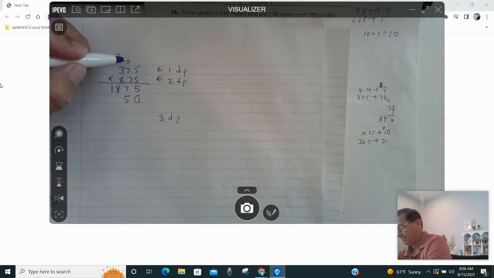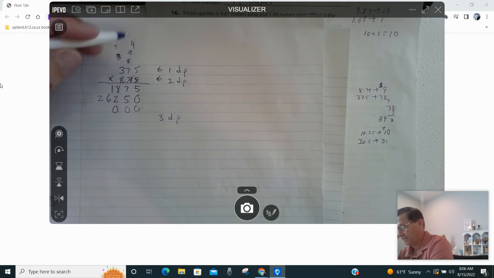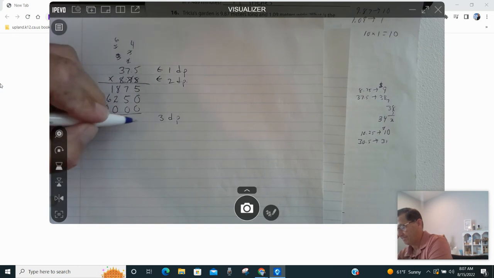Seven times 5, 35. 7 times 7, 49, plus 3 regrouped, 52. 7 times 3, 21, plus 5 regrouped, 26. 8 times 5, 40. 8 times 7, 56, plus 4 more, 60. 8 times 3, 24, plus 6 more is 30.